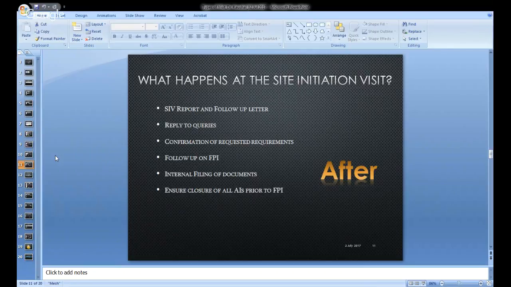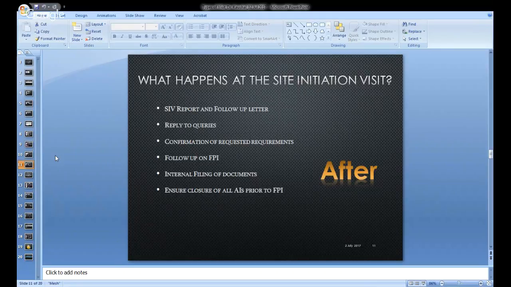So in that case, this would go directly to the medical monitor, who is a medically qualified individual and responsible to answer these particular questions. So once the visit is done, if you have any queries with regards to medical terms or something of that sort, ensure that it is discussed with the medical monitor and replied back in a timely manner.